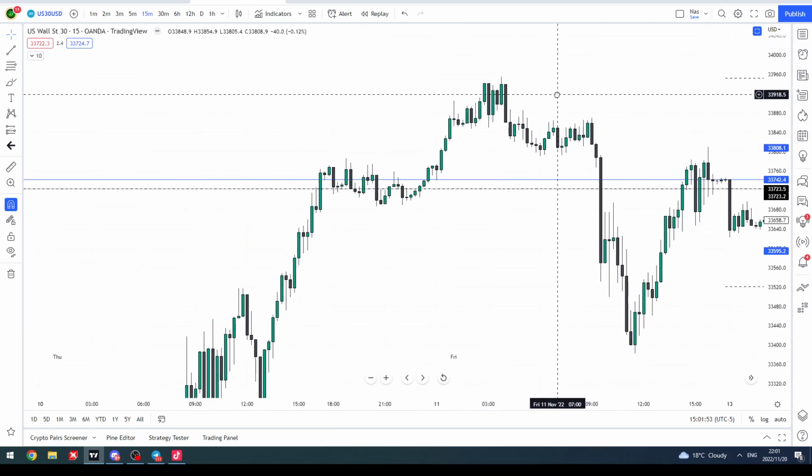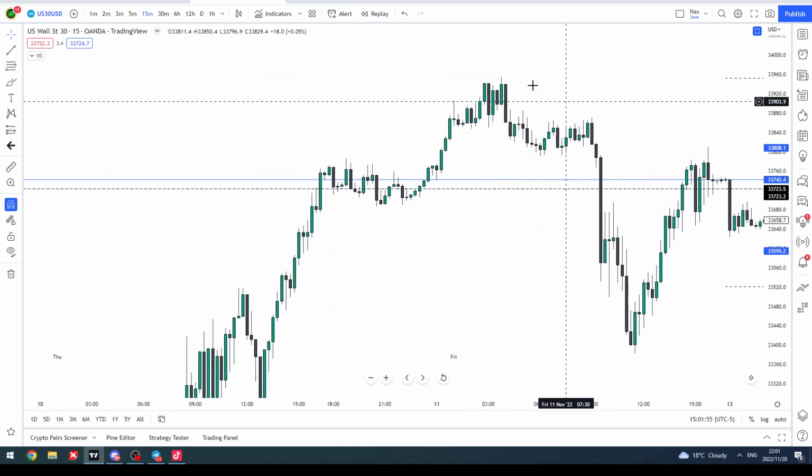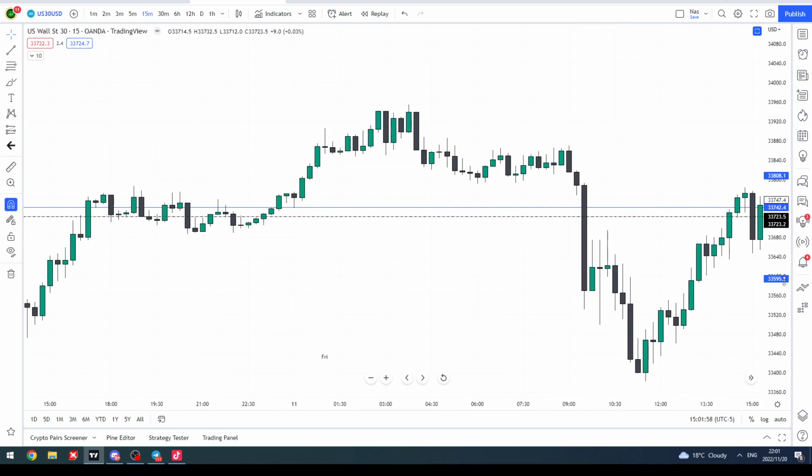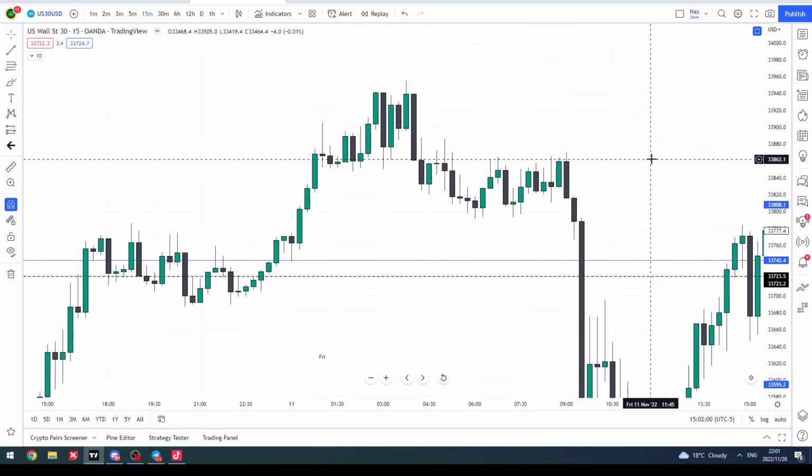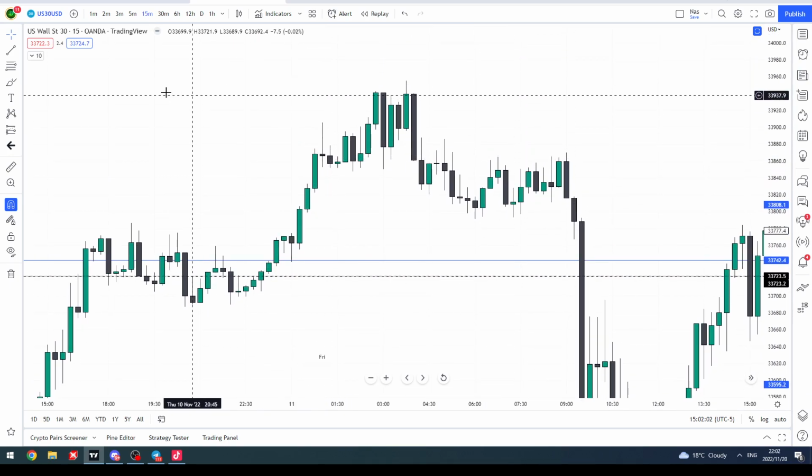Right, in this price action here on the screen, let's see if this works out for us.